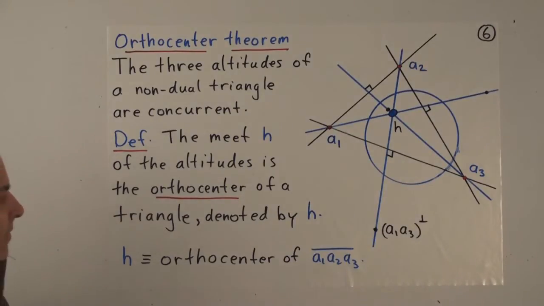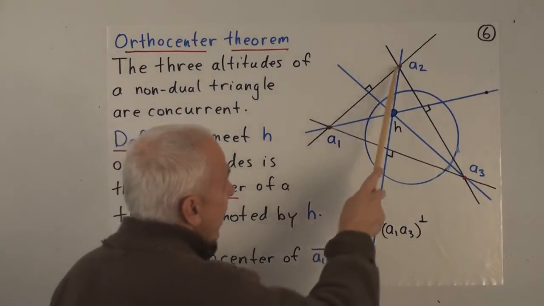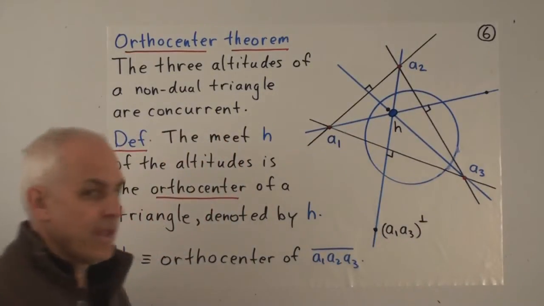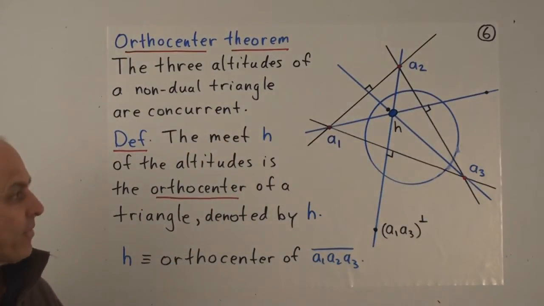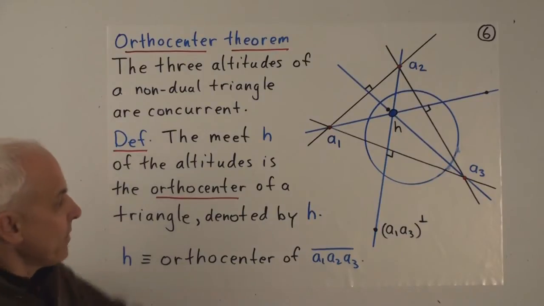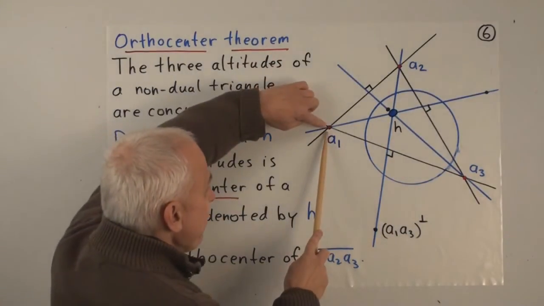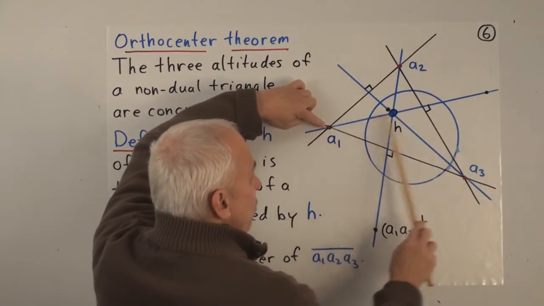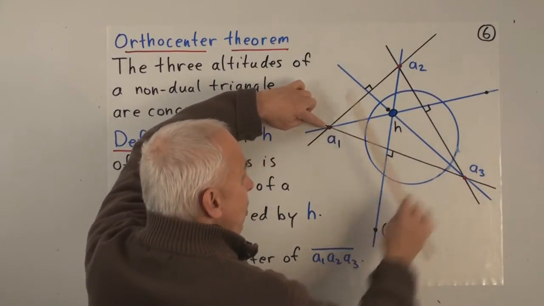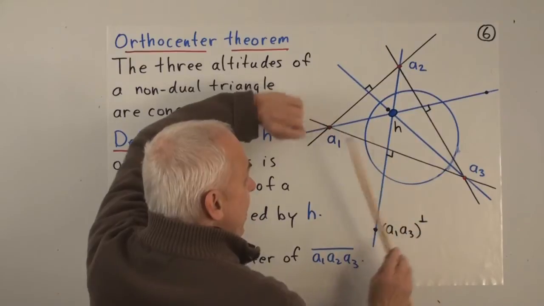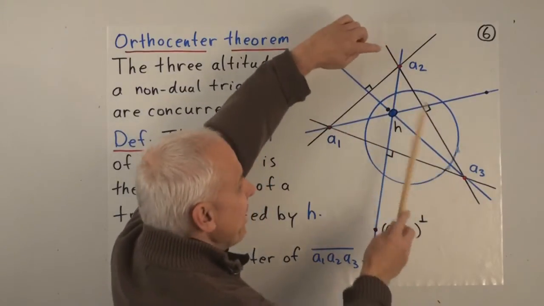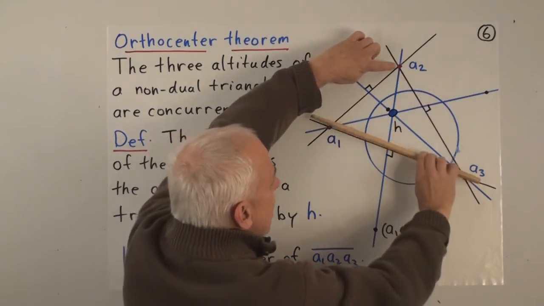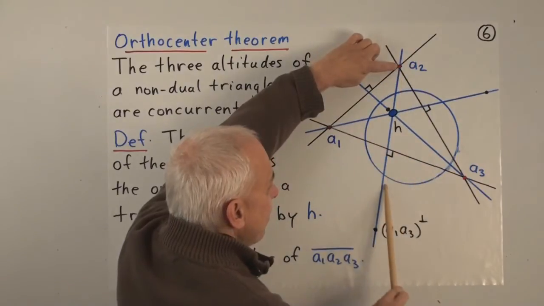What does it mean? Well, here's a triangle A1, A2, A3. It has three altitudes. What does that mean? Well, there's an altitude line from every point to the opposite line. So there is one altitude line from A1 to the opposite line. Another altitude line from A2 to the opposite line. It's this one right here.